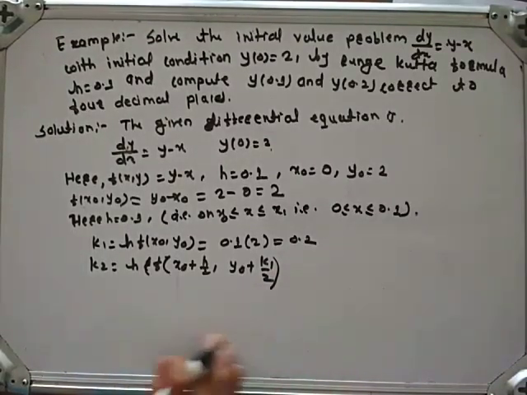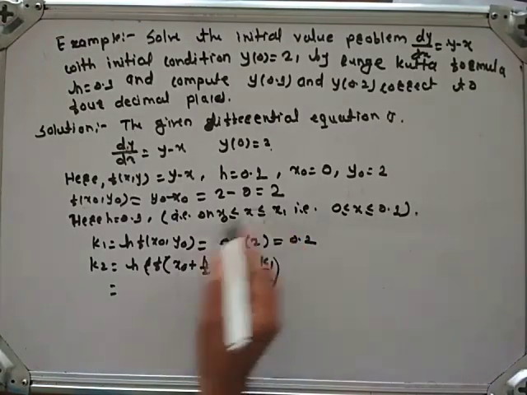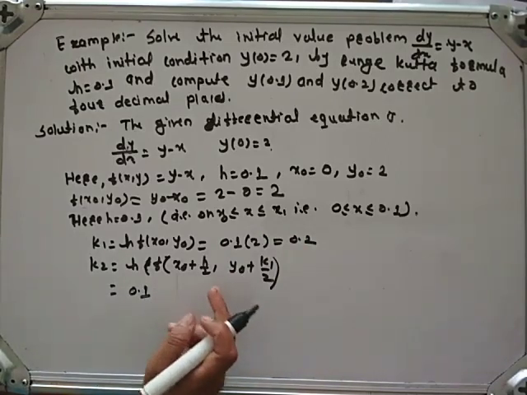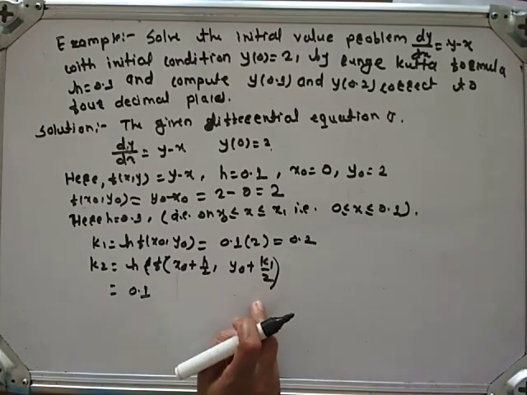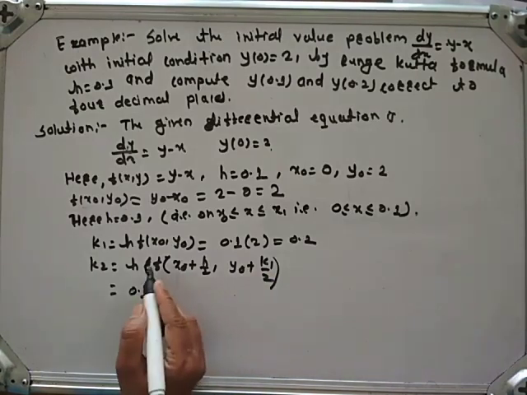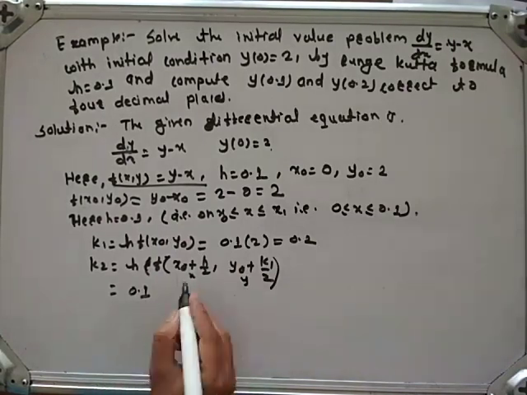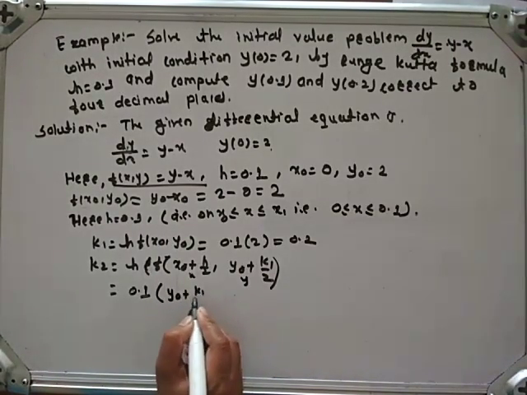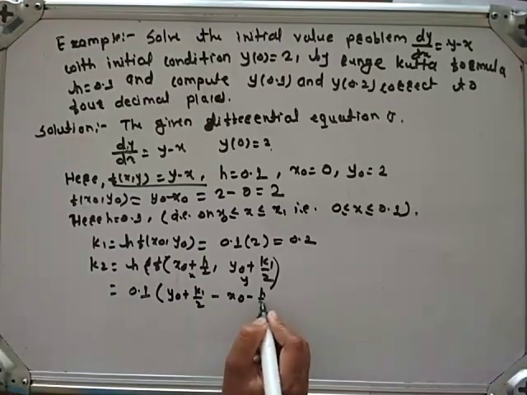So k2 is equal to h, which is 0.1, into f of x0 plus h by 2 comma y0 plus k1 upon 2. What is your f of x, y? This is your x and this is y. So it is y0 plus k1 upon 2 minus x0 minus h by 2.